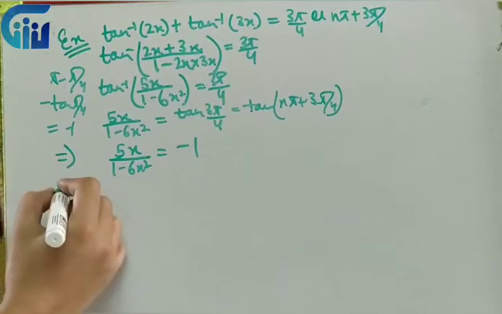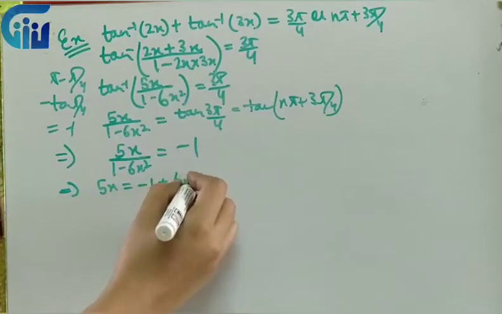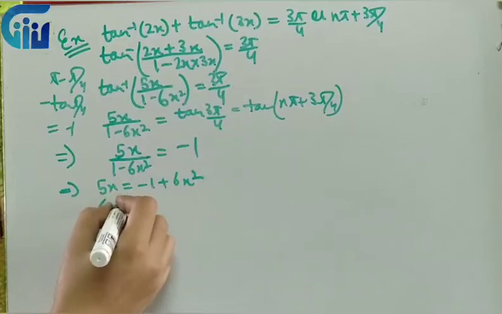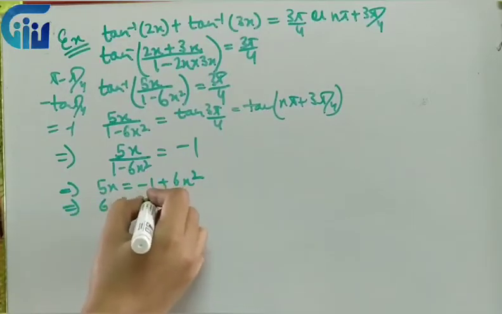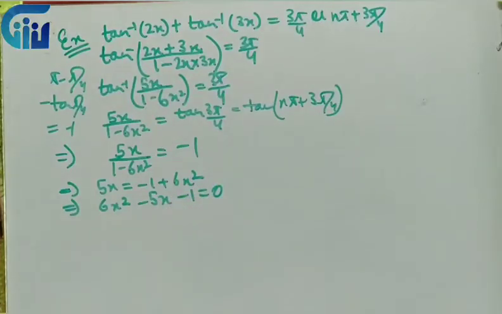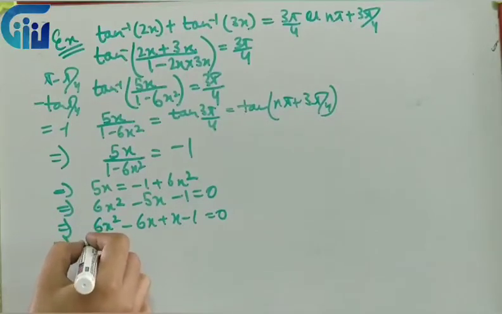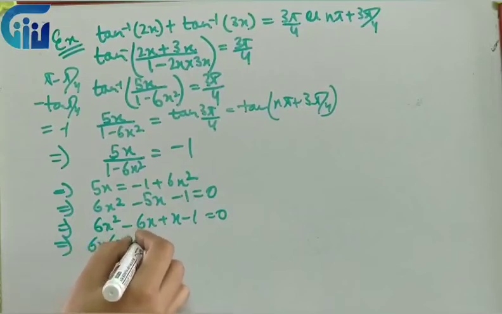Then further if I solve, this will give me 5x is equal to minus 1 plus 6x square if I cross multiply. So this will be 6x square minus 5x minus 1 is equal to 0. Since it is a quadratic equation, to solve it we will split it as minus 6x plus x. If I take 6x common, it will be x minus 1.